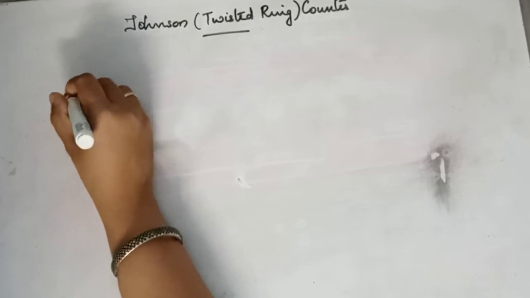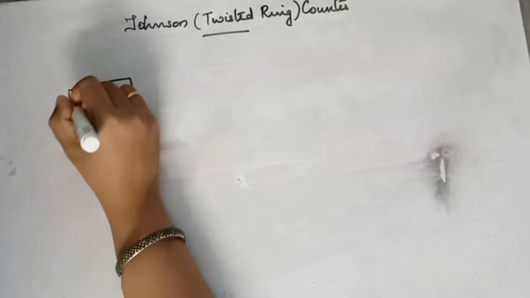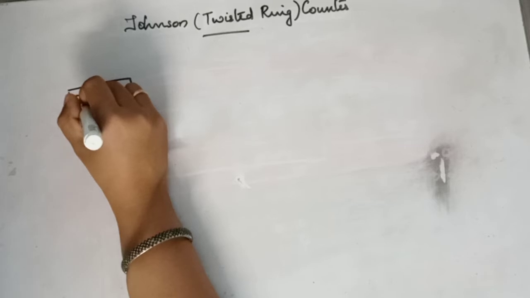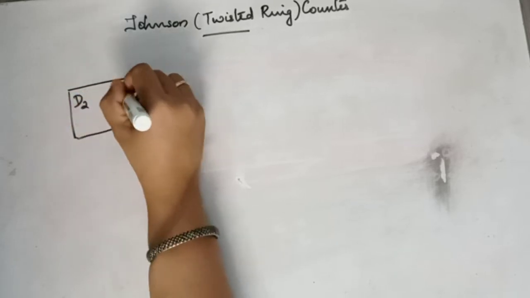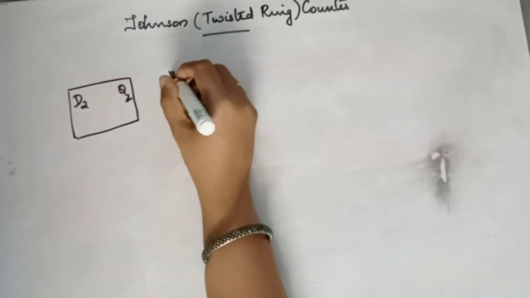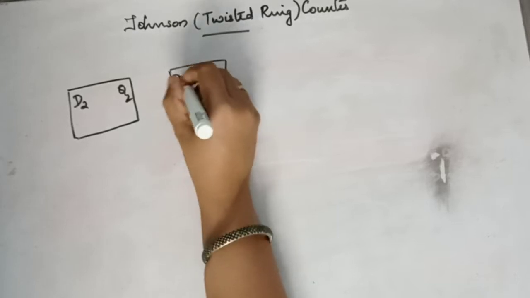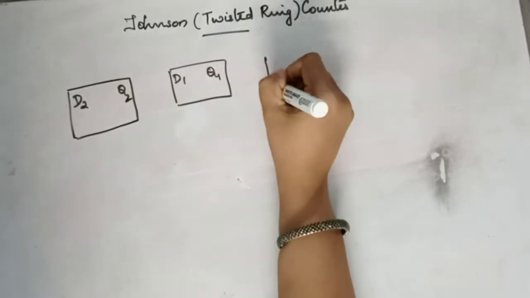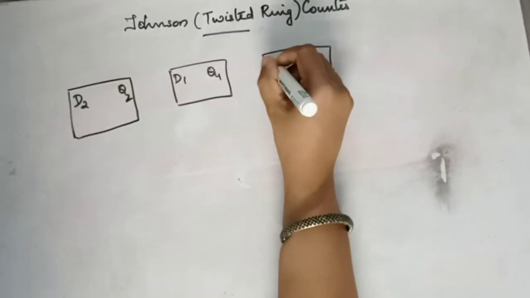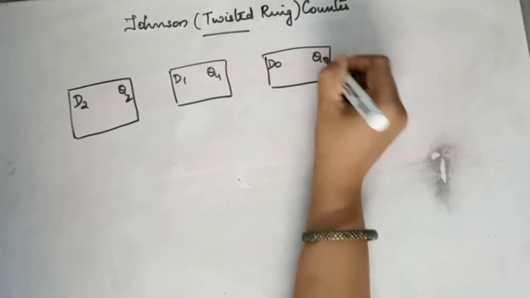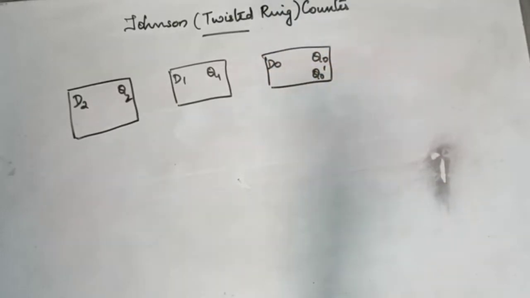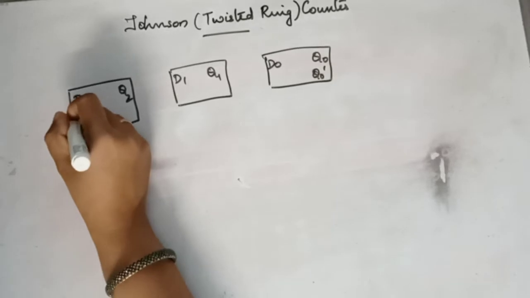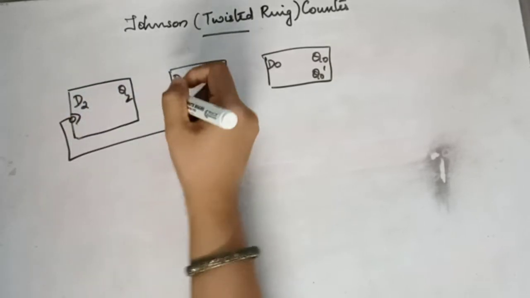So in a ring counter, if you had D2, D1, D0 as the flip-flops, this is D1, Q1, this is D0, Q0. It's a synchronous counter.